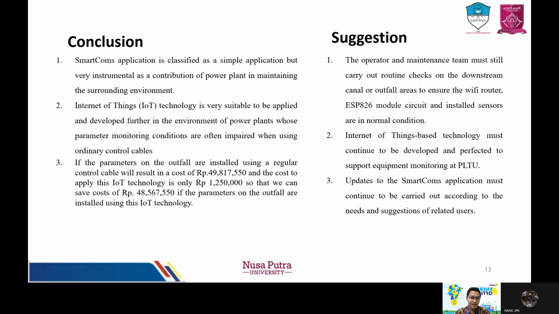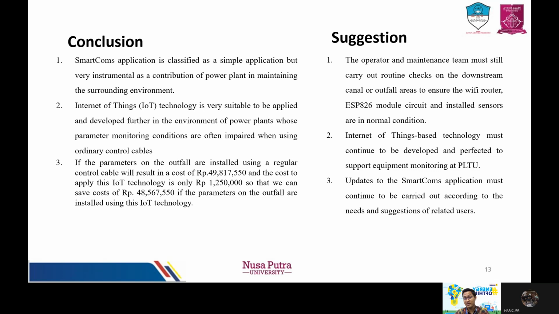Number three, if the parameters on the outfall are installed using a regular control cable, it will cost about 49 million, and the cost to apply this IoT technology is about 1 or 2 million, so we can save about 48 million.